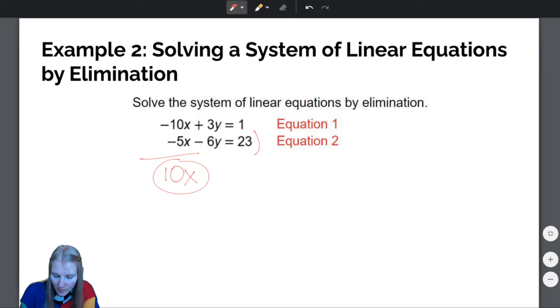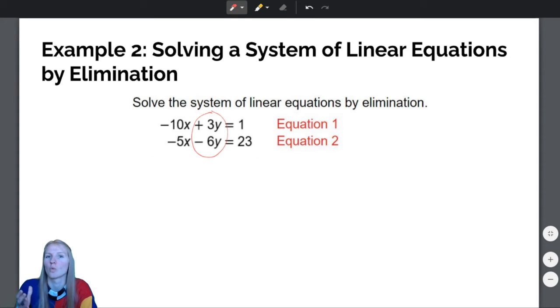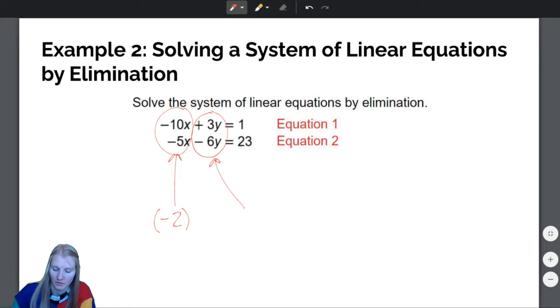I also want to point out, and I want to get you in the habit, also look at your y terms. Sometimes the x terms, it's possible, but it's going to get messy. So also look at your y terms and decide which one will be easiest. I could multiply by negative 2, or if I look at my y values, I have positive 3y and minus 6y.